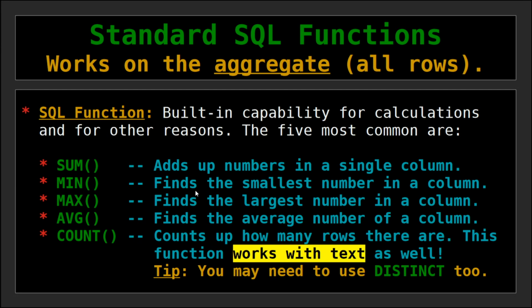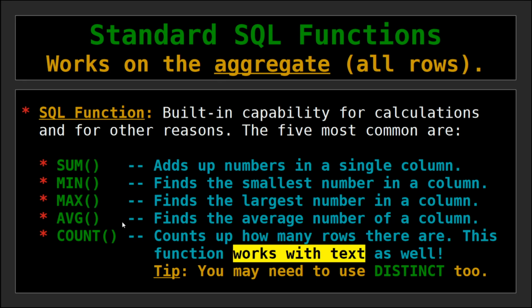Min, in some sort of query or a table, is just finding literally the smallest number in that column. Likewise, max finds the largest number. Average, you get the gist: find the average number. If you're a statistician, you get quirky when you hear average.